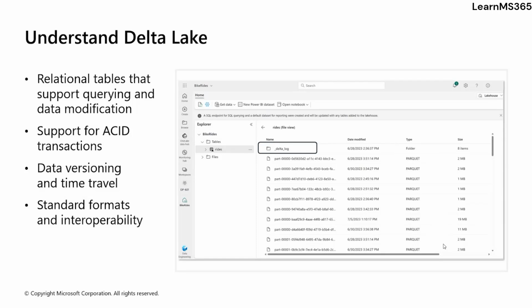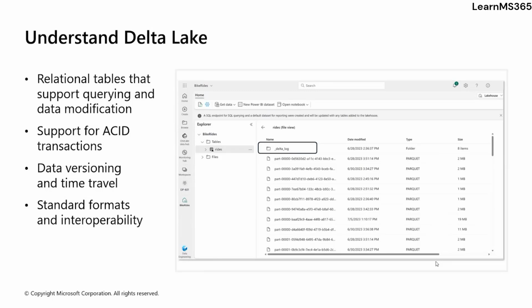So, relational databases are designed to support transactional data modifications that provide atomicity, which is a transaction completes as a single unit of work. Then consistency, which is transactions leave the database in a consistent state. Isolation, in-process transactions can't interfere with one another.